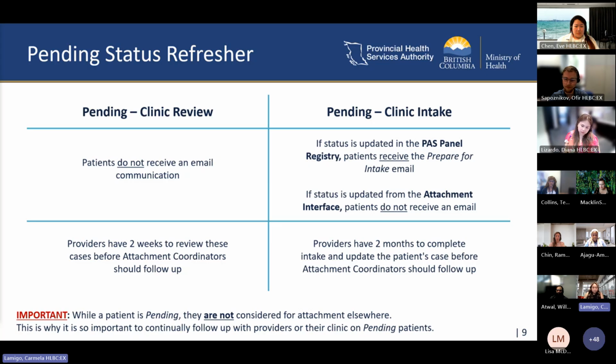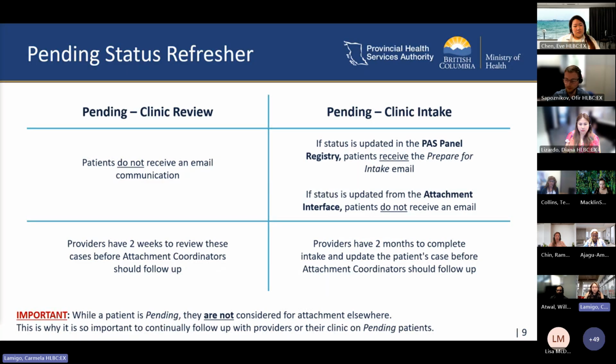Important. While a patient is pending, they are not considered for attachment elsewhere. This is why it is so important to continually follow up with providers or their clinic on pending patients. It may be helpful to reiterate to providers that patients are not considered for a match elsewhere while the patient is in pending.